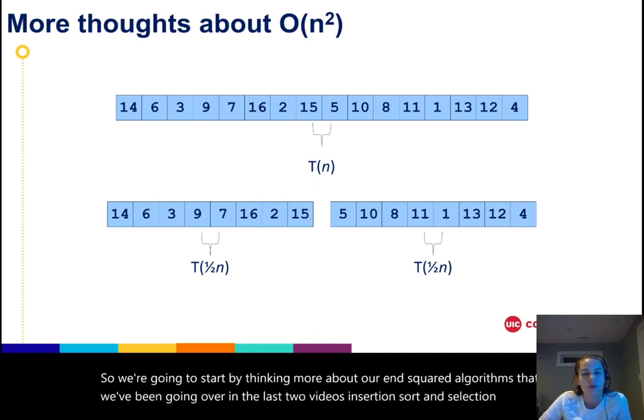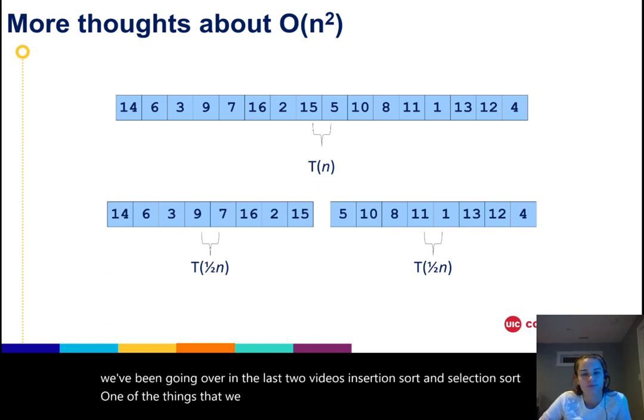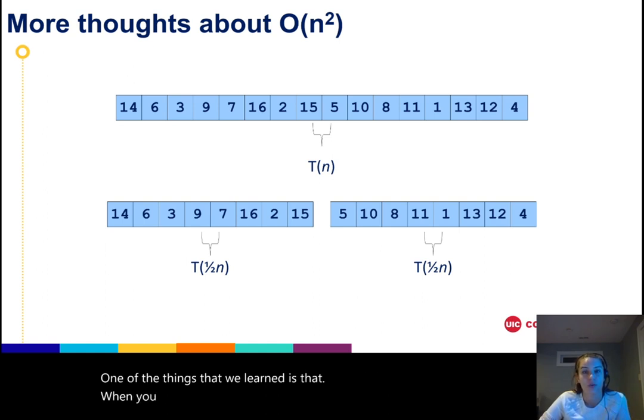One of the things that we learned is that when you have something that is n-squared, when you double a vector, for example, it takes 4 times as long, right?